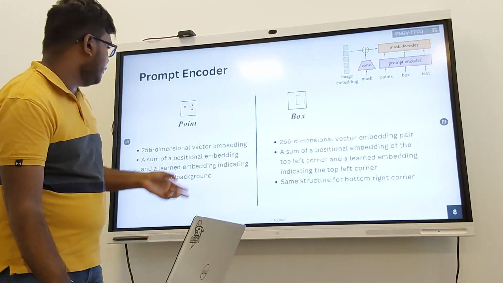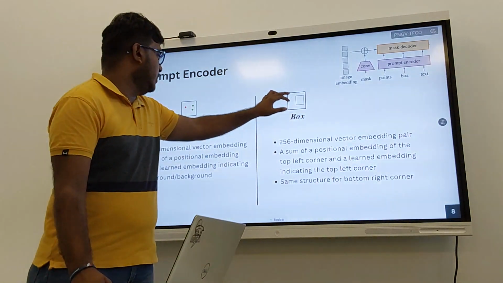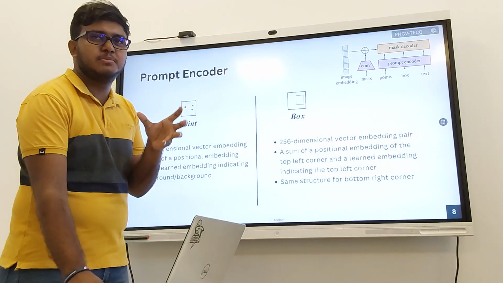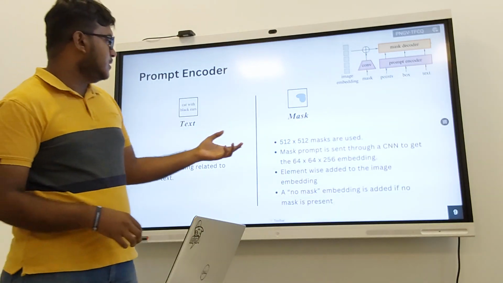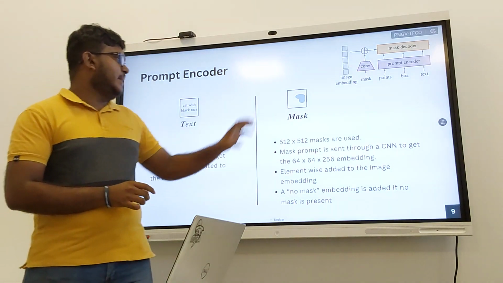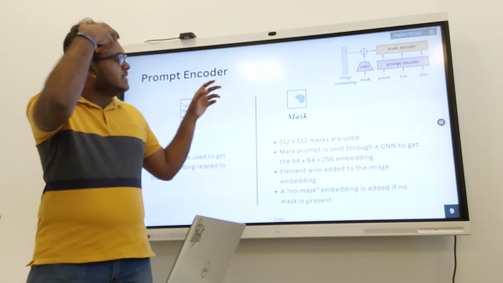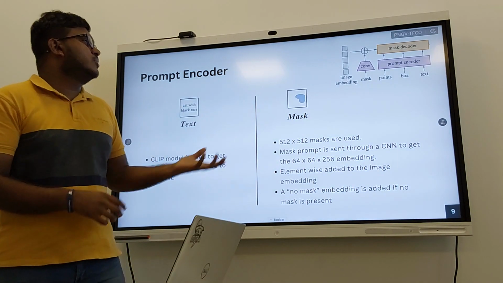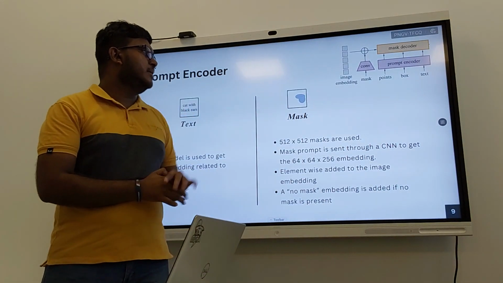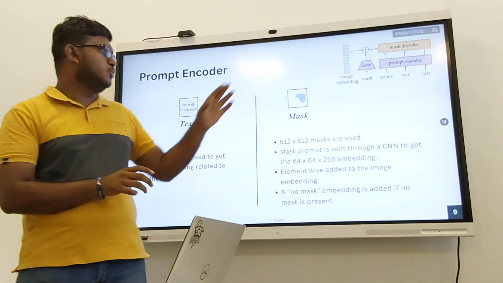In points we are only giving several points, and in boxes we only give these 2 coordinates. So it is sparse. But in dense masks, we have to define the pixels that belong to the mask. Because of that, we can't send our mask prompt through the prompt encoder.